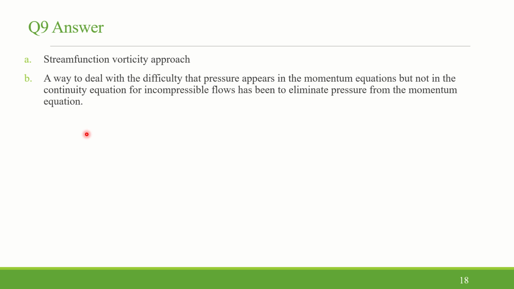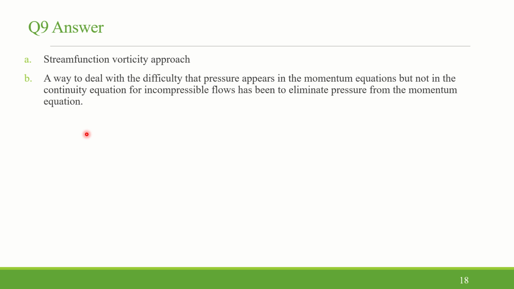So as we have already seen, when we are talking about incompressible flow systems, density becomes constant, so therefore we are taking rho as constant, so it disappears from the continuity equation, whereas it is still present in the momentum conservation equations. So since it is present in one equation and absent in the other equations, it is difficult to get the solution for the pressure.